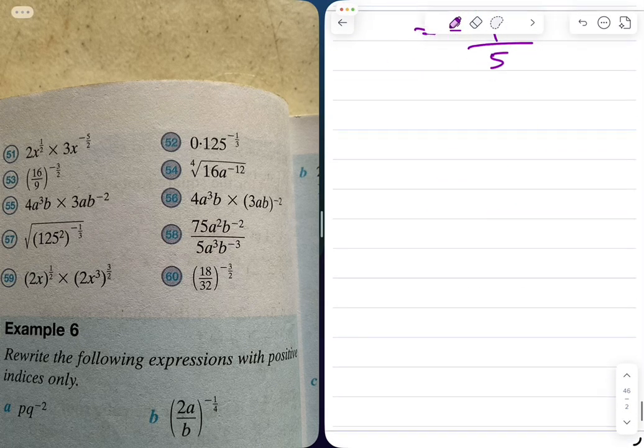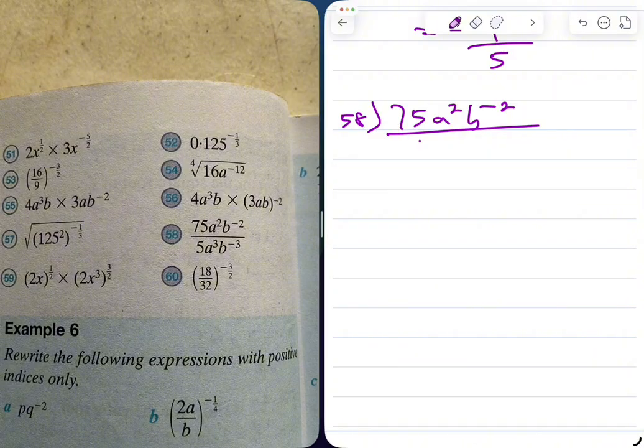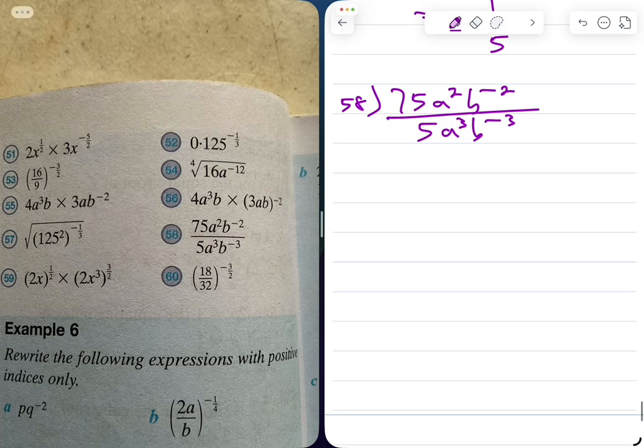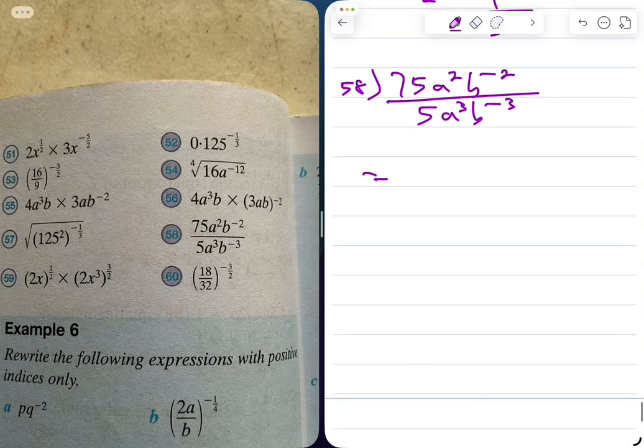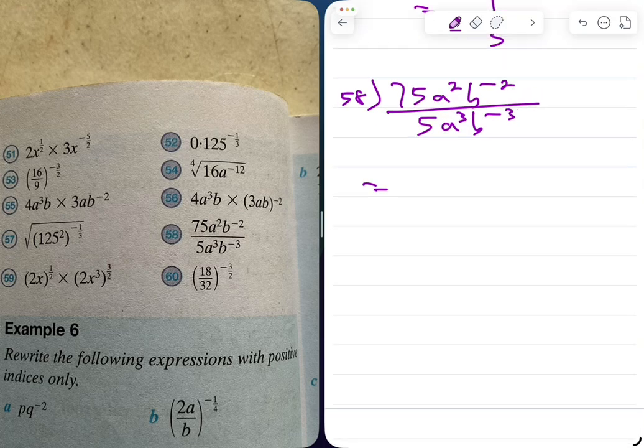Now to the next one, which is 5b. That's 75a squared b raised to the power minus 2 over 5a cubed b raised to the power minus 3. 5 here 1, 5 and 75 is 15. A squared in a cubed is a.